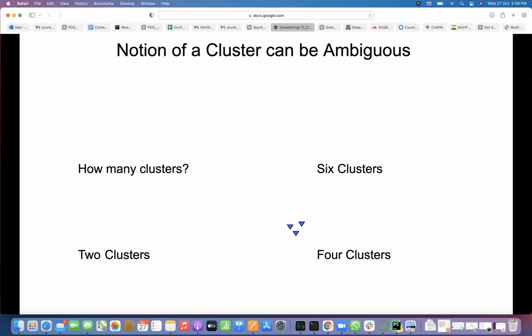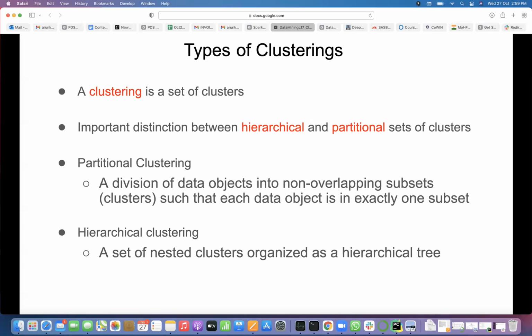That's why the clustering technique is sometimes called ambiguous, because we cannot determine how many clusters we need to form. It may be 2 clusters, 6 clusters, 4 clusters. All those things are possible. So the most ambiguous thing for clustering is how many clusters we make.